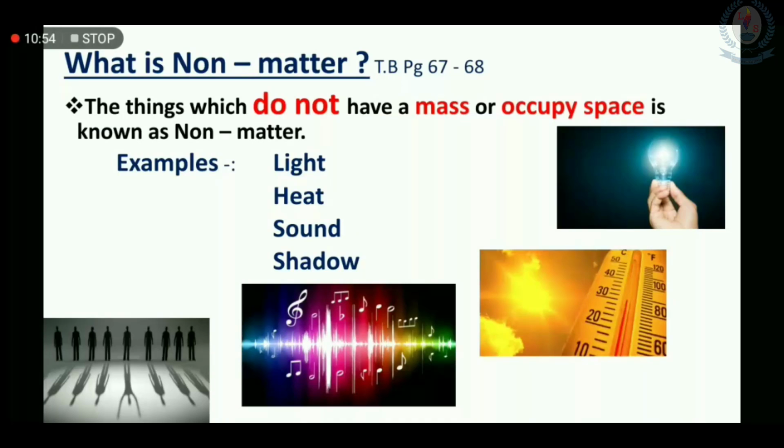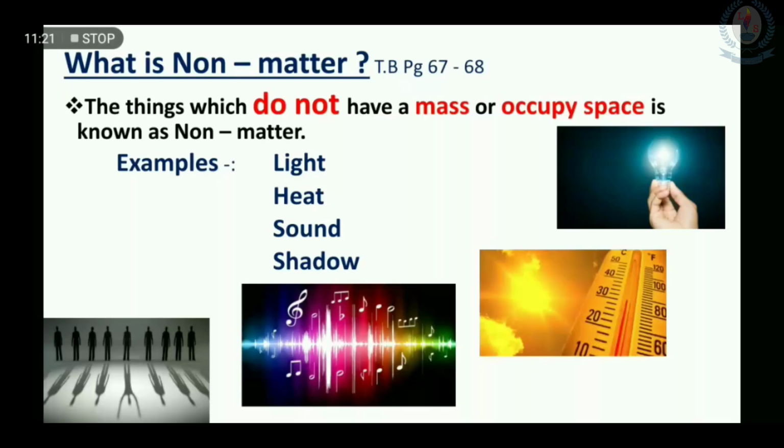Can you remember, children? Yes. If the opposite of this is non-matter, how to define it? Shall we try? Anything which does not have a mass or does not occupy space is known as non-matter. It is very simple.